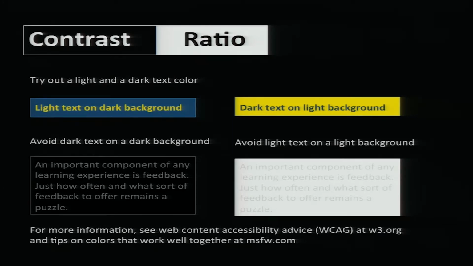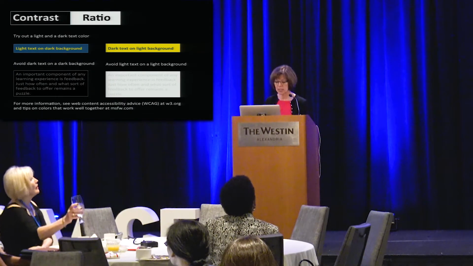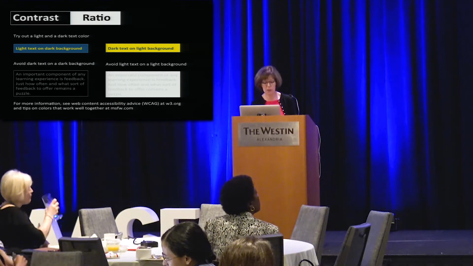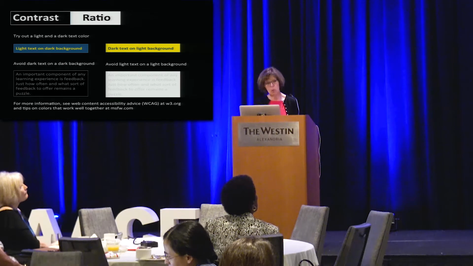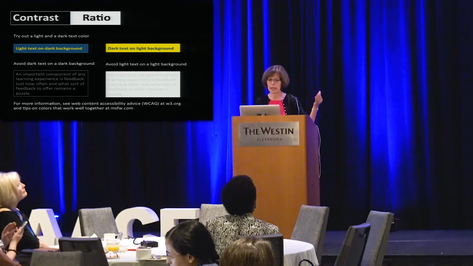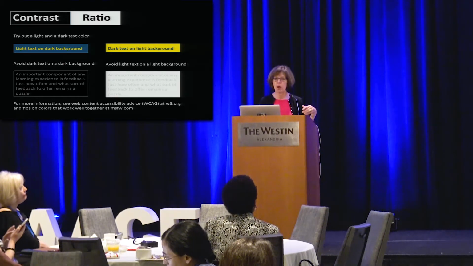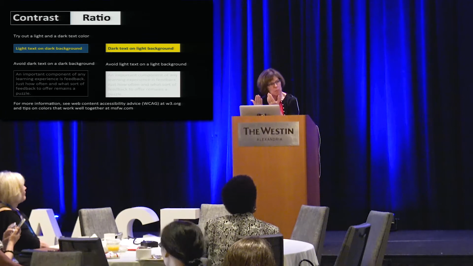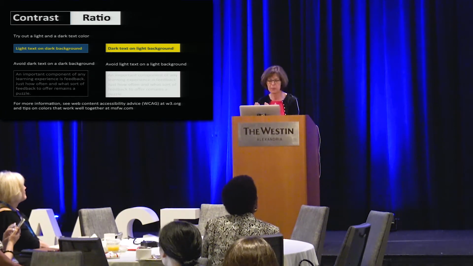So I recommend that you try out different options. A light color and a dark text color, for example, trying light text on a dark background, or dark text on a light background. The kind of thing we don't want is dark on dark or light on light. And we don't want colors that wash out when we have a screen where the brightness has been turned up.